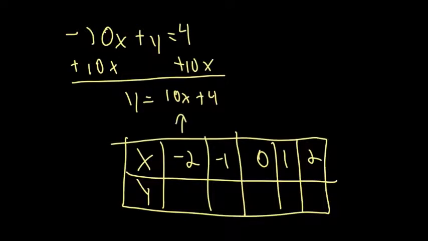Negative 20 plus 4 is negative 16. 10 times negative 1 is negative 10. Plus 4 would be negative 6. 10 times 0 is 0. Plus 4 is 4. 10 times 1 is 10. Plus 4 is 14. 2 times 10 is 20. Plus 4 is 24. Alright, so if you have the x and the y on the same side, you've got to move the x over to the other side and get y by itself.